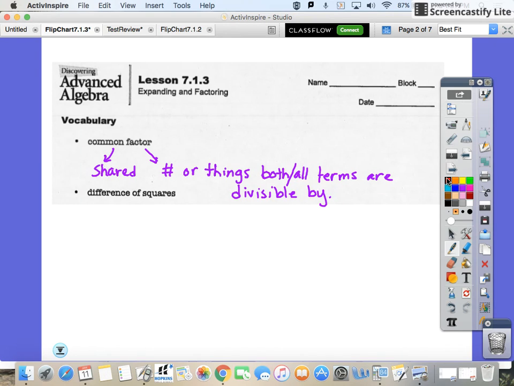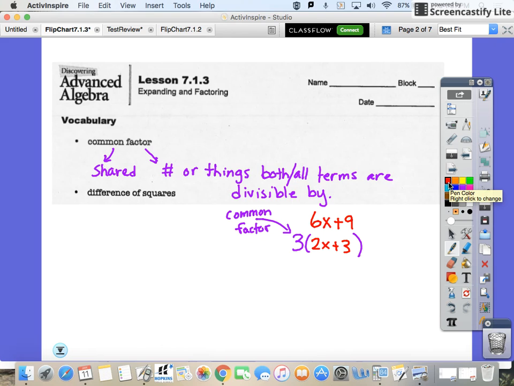So for example, if we had the expression 6x plus 9, both this and this, the 6 and the 9, are both divisible by 3, so we can pull a 3 out front. 6 divided by 3 is 2, 9 divided by 3 is 3, so the common factor here would be 3. Because both are divisible by 3.